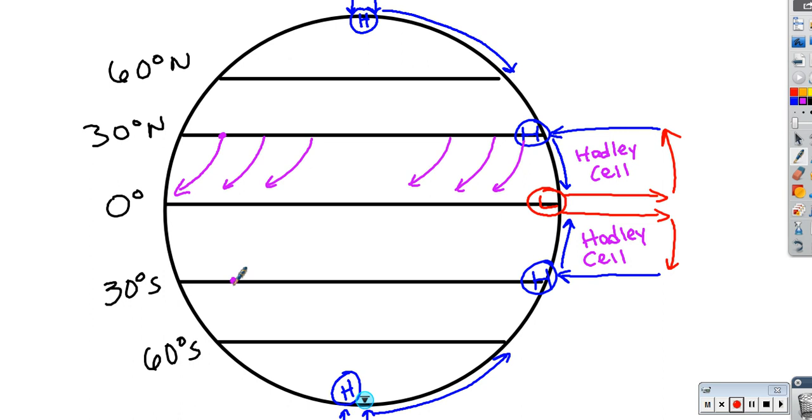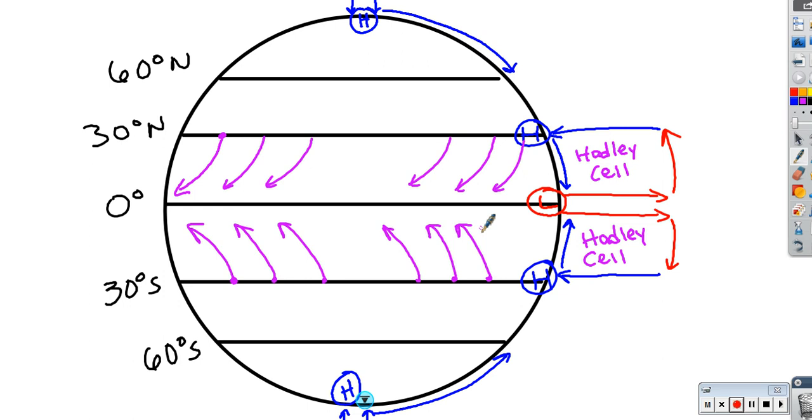And then from the 30 degrees south towards the equator, that's in the southern hemisphere, we're deflected to the left. So no matter what, these are easterly winds. Because of the Coriolis effect, and because we're heading in both hemispheres towards the equator, we get winds that generally will develop from east towards the west.